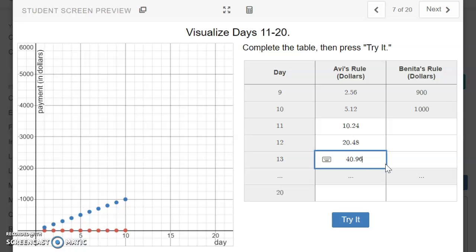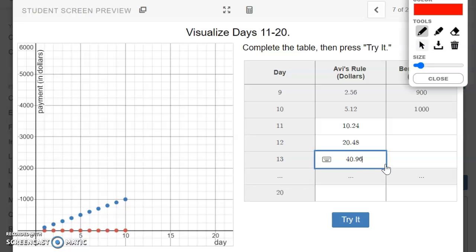We had the explicit formula that looked like this: A sub n is equal to A sub 1 multiplied by the common ratio all raised to the power of n minus 1. So in day 20, n is equal to 20, so we're looking for A sub 20.